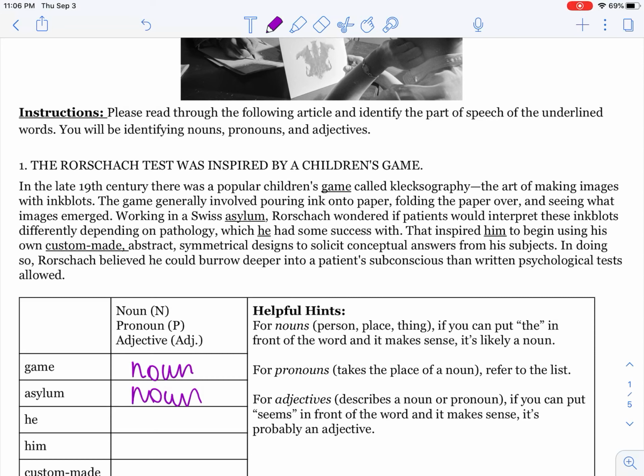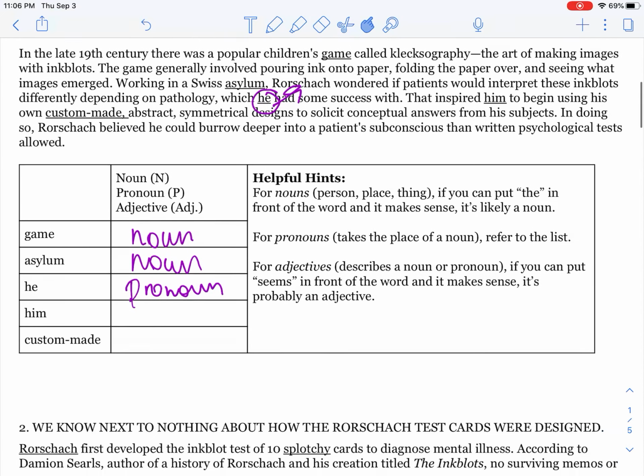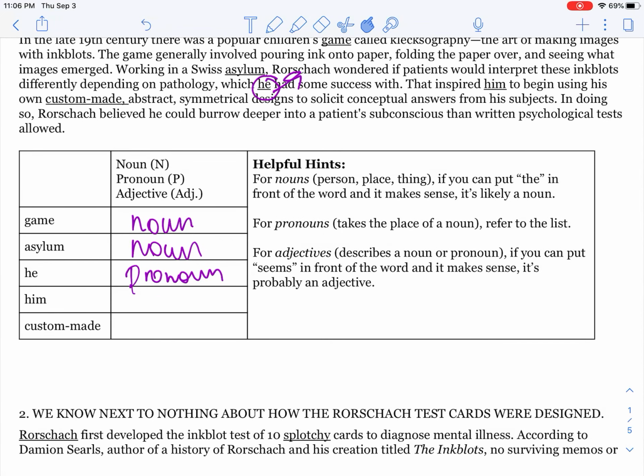So it says asylum. Is it the asylum? Is it on this list? The word asylum on the list? Nope. Is it seems asylum? Nope. It's the asylum. It's a person, place, or thing. Okay. When it says which he had some success with, he is actually talking about Rorschach. It's taking the place of the noun. If I didn't have that he, it would say which Rorschach had some success with. So this is a pronoun. Okay.